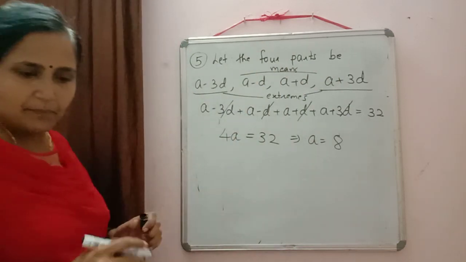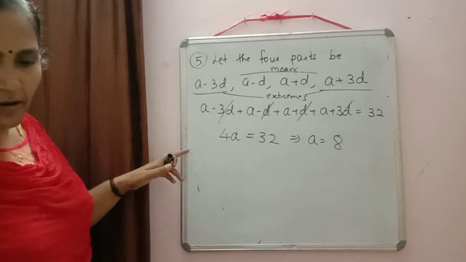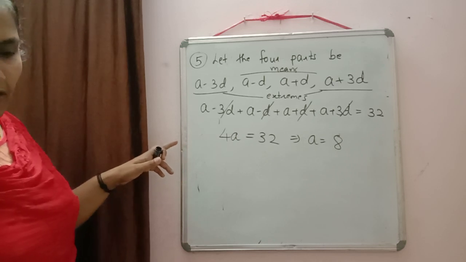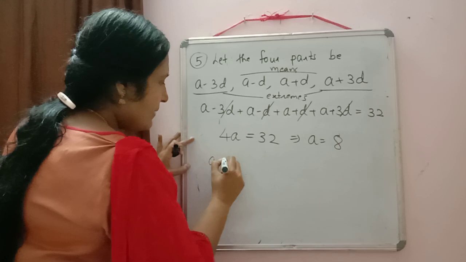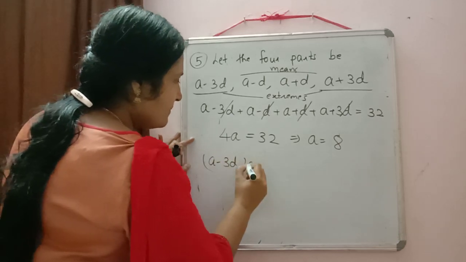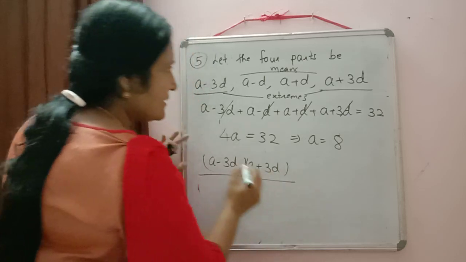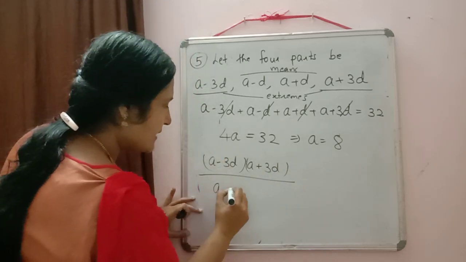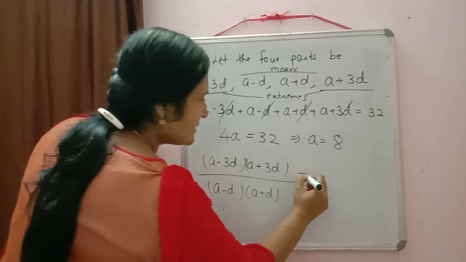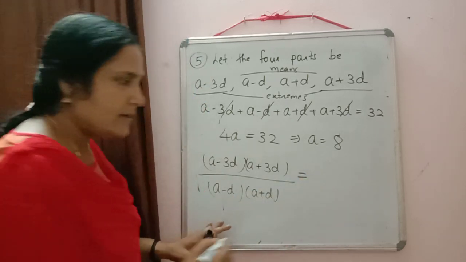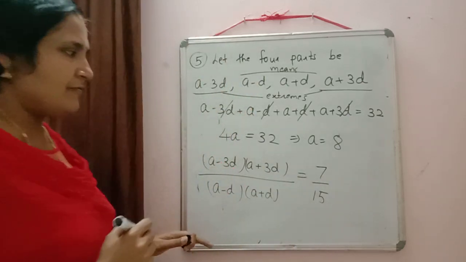It is given the product of extremes is to the product of means as 7 is to 15. Product of extremes, A minus 3D into A plus 3D, by product of means, A minus D into A plus D, is equal to 7 by 15.